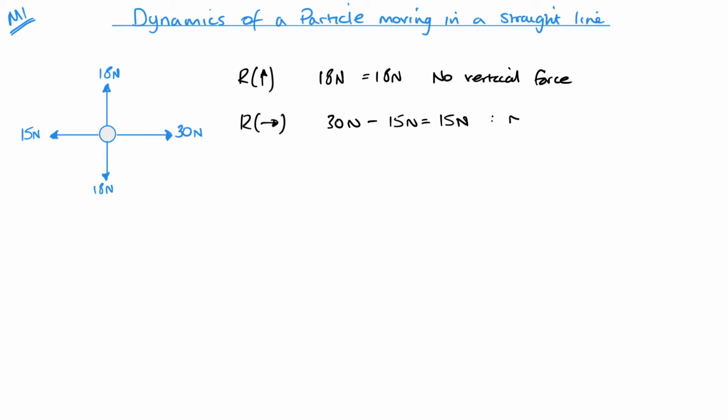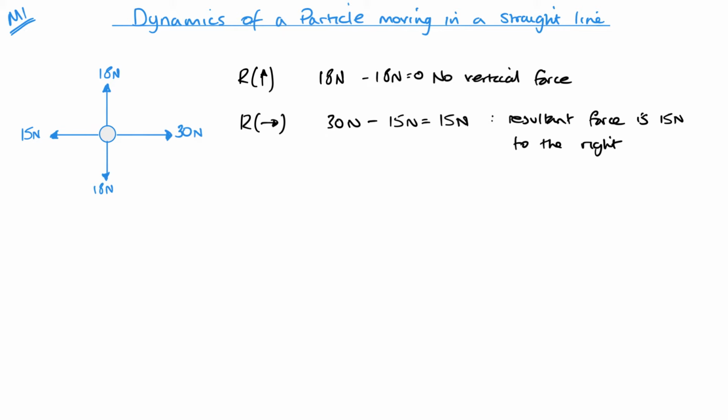So the resultant force is 15 newtons to the right. And just making a little change there to make this in the same form. Okay, so that's essentially resolving forces. These are all just vertical and horizontal forces.